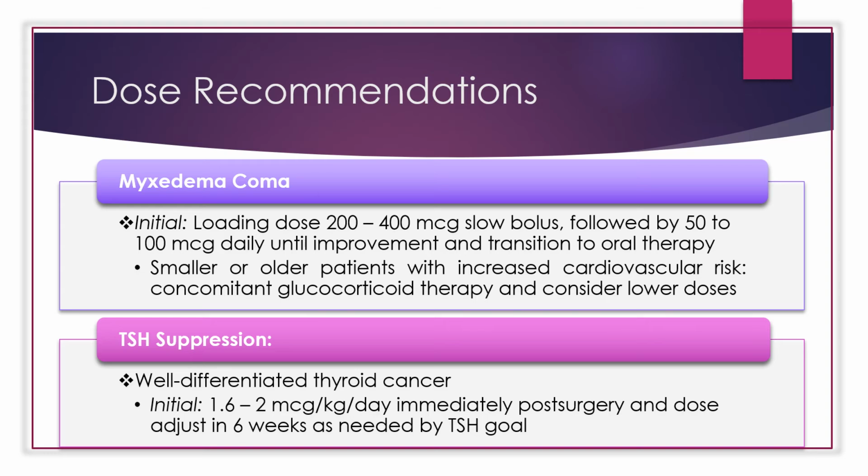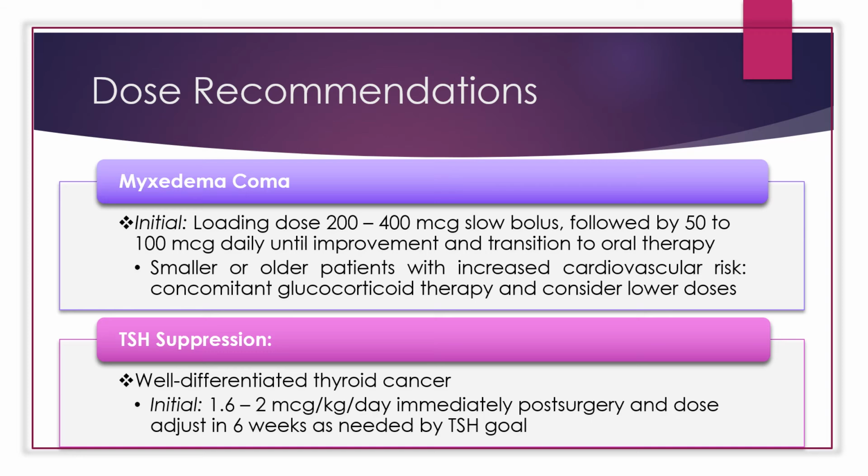TSH suppression for well-differentiated thyroid cancer of the papillary and follicular type: it is recommended an initial dose of 1.6 to 2 micrograms per kilogram per day immediately post-surgery and dose adjusted as needed in 6 weeks based on their TSH suppression goals.